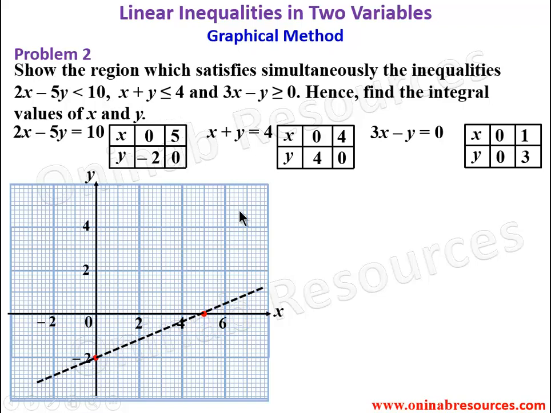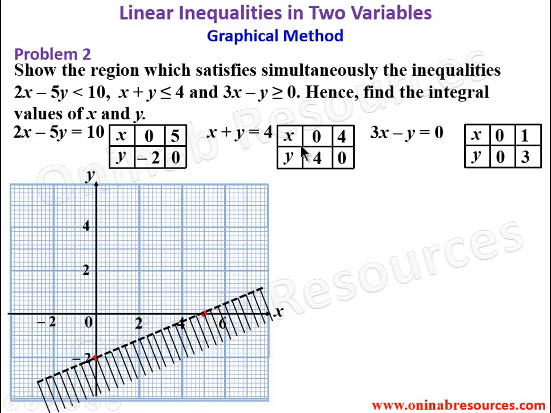And greater than is the upper part of the line that is required. So the down part is not required. And I said for the purpose of this video, we're going to be shading the part that is not required. So we are going to shade the down part of the line, which is for 2x minus 5y less than 10. So that is that one.